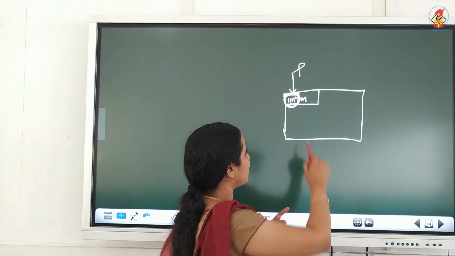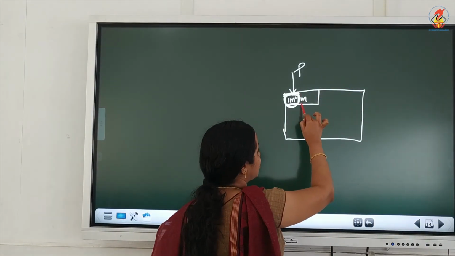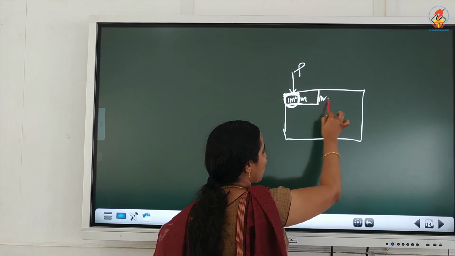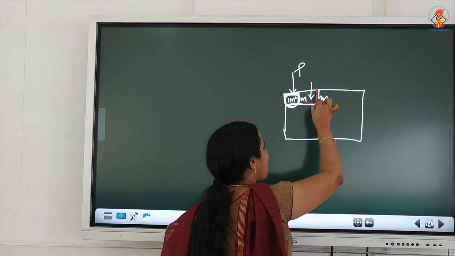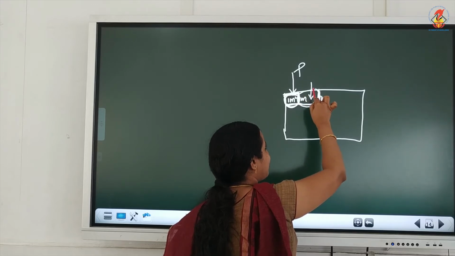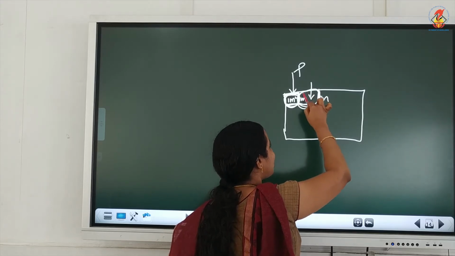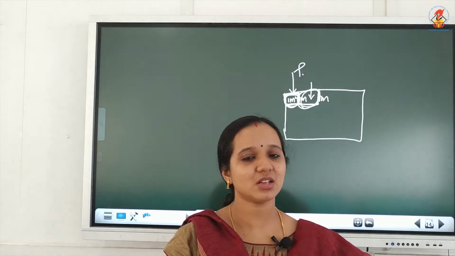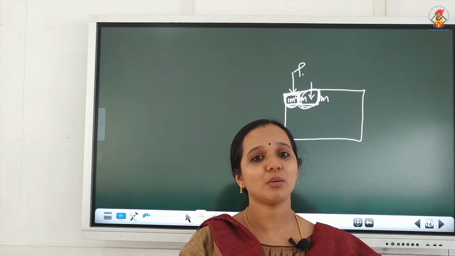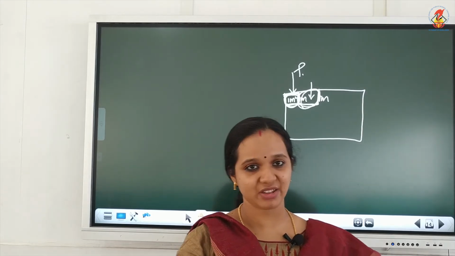That is, if I divide the whole object into squares of side 1 meter, the force that is experienced by the small portion of the object is known as pressure. That is, pressure is the thrust acting per unit area.